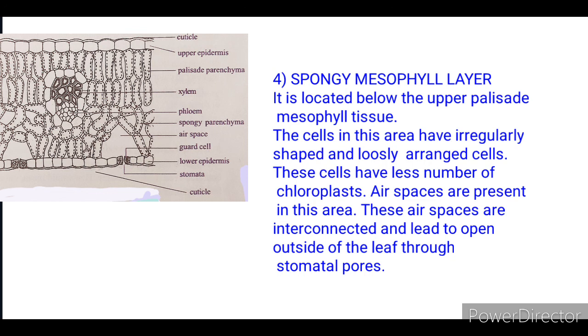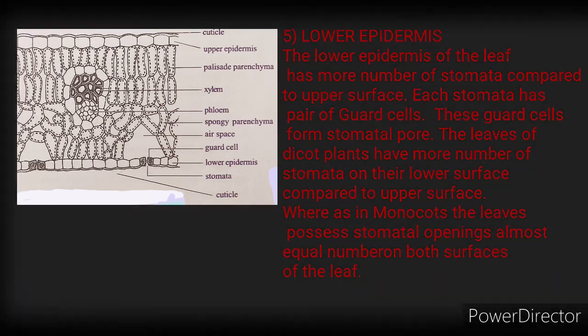These air spaces are interconnected and lead outside of the leaf through stomatal pores. This spongy mesophyll layer has gaps to receive the air that enters through the stomatal openings. Most of the stomata are located on the lower surface, the lower epidermal region of the leaf.